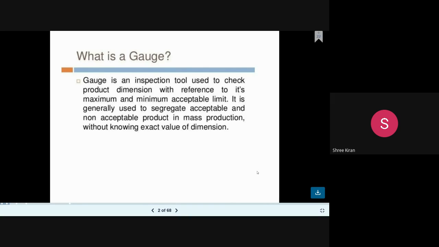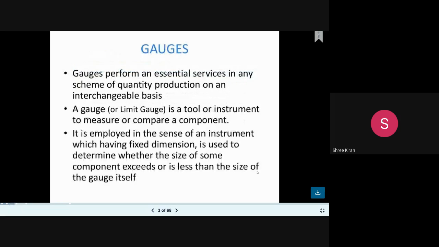It is generally used to segregate acceptable and non-acceptable products in mass production without knowing the exact value of the dimension.